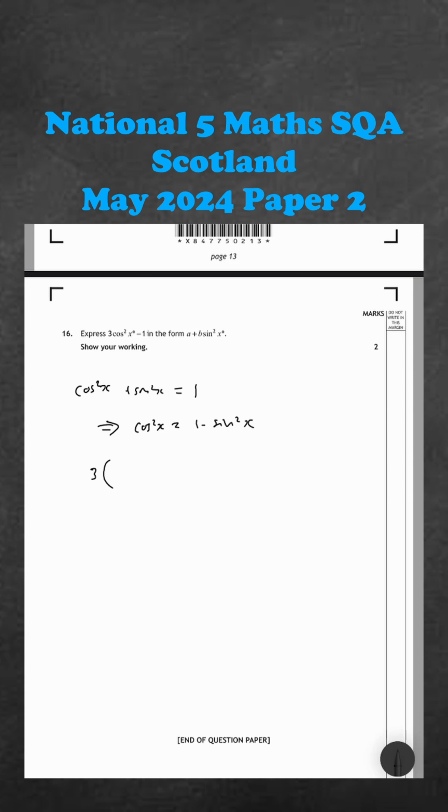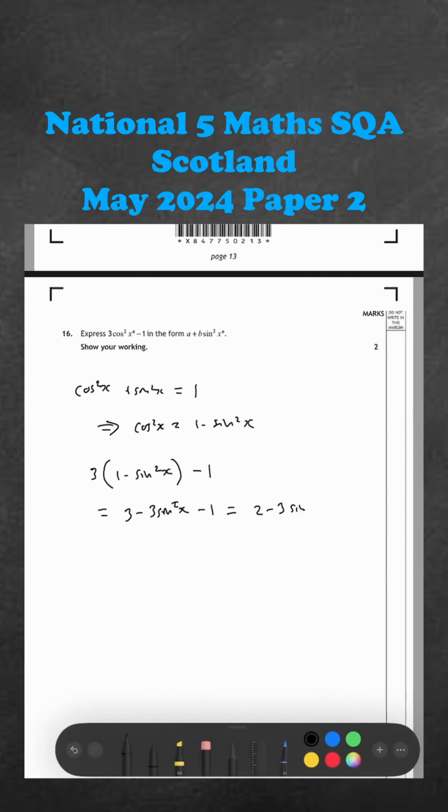Therefore, this is 3 lots of 1 minus sine squared x, minus 1, 3 minus 3 sine squared x minus 1, or 2 minus 3 sine squared x. And that is your final answer in the form a plus b sine squared x.